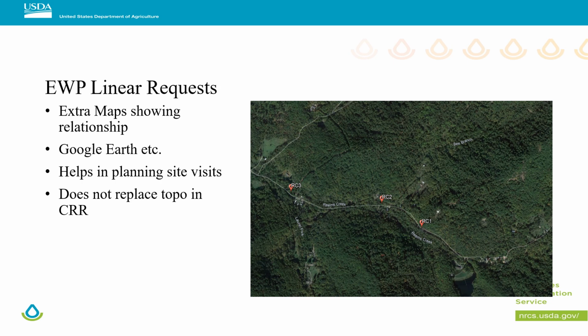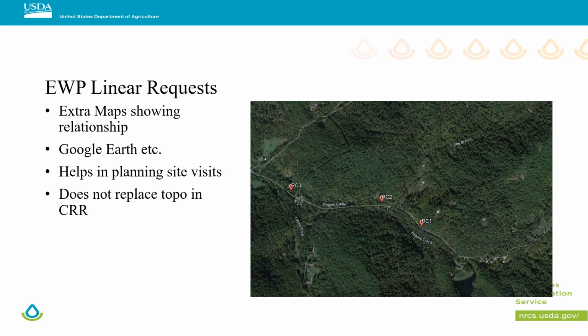All right. This helps in planning. So let's say we have to make a site visit, we can schedule all these for the same day, if possible. And it helps to visualize what's going on, and it could be that while we go look at RC1, we see that RC2 has something there as well. So this can be very helpful in linear requests.